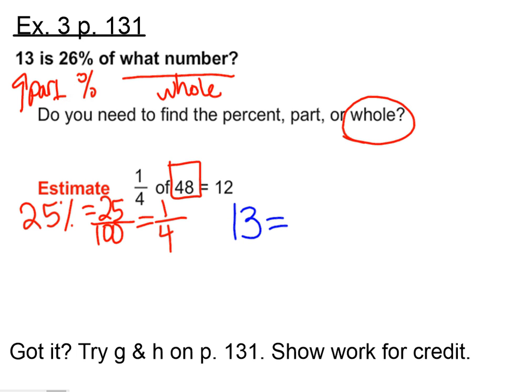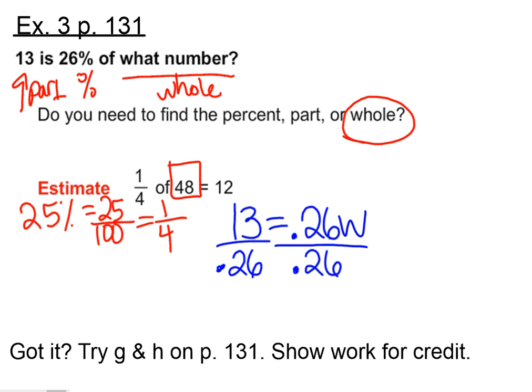13 is 0.26 for 26% of what number? I'm going to call this W for the whole. To solve this equation, we need to divide both sides by the number in front of the variable, called our coefficient. And 0.26 divided by itself makes 1. They cancel out.